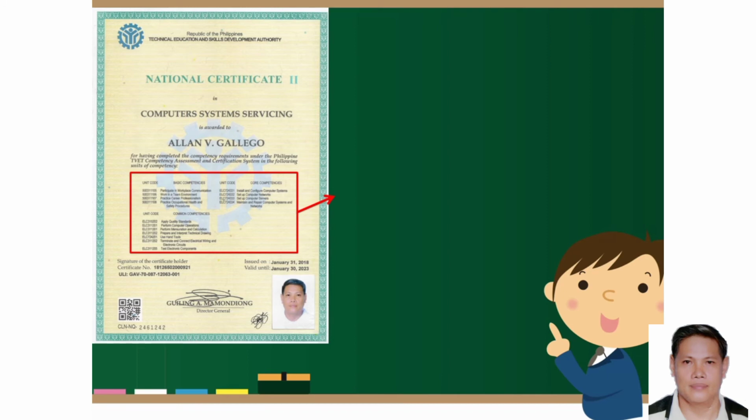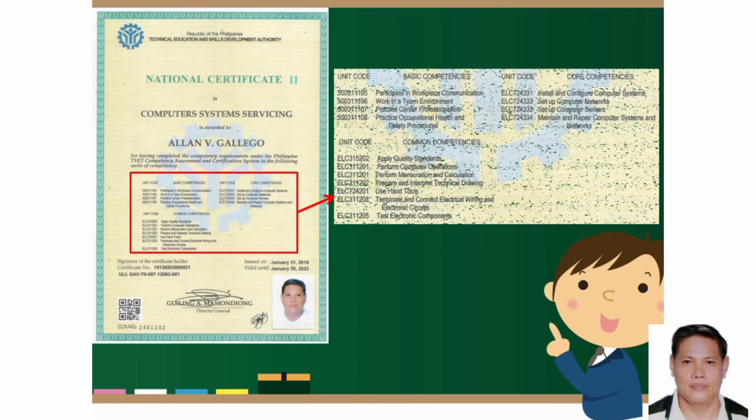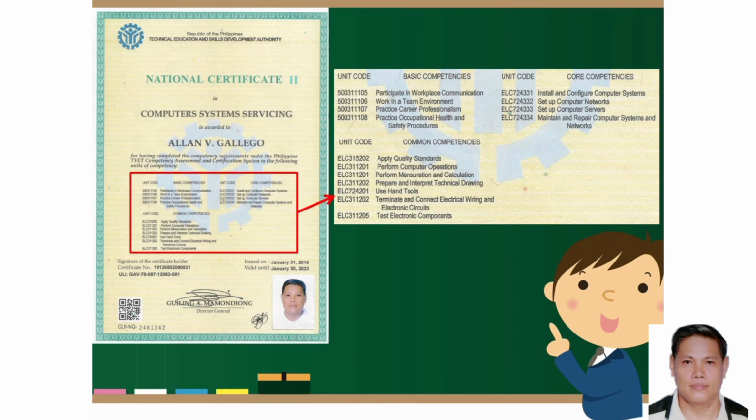This means that you already have passed and undergone all this training. So here it is. The basic competencies, you have 4. Common competencies, you have 7. And the unit codes that I have told you are actually this one. And the core competencies is 4. This one.